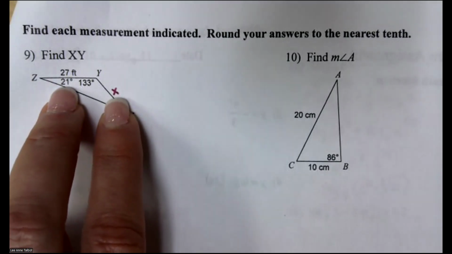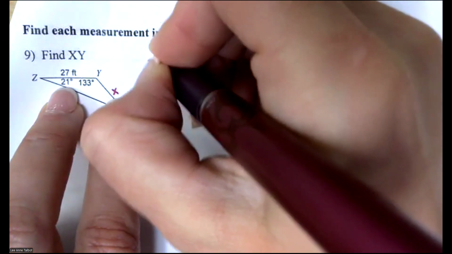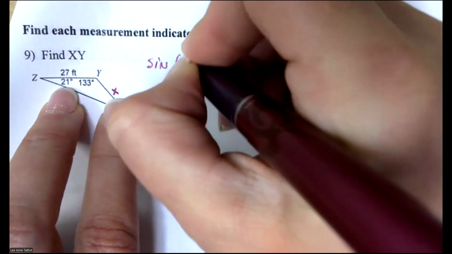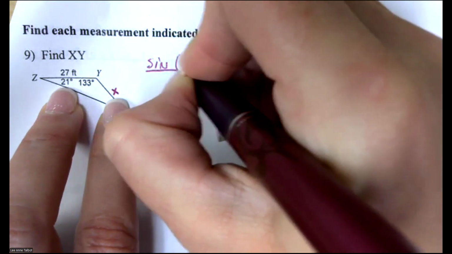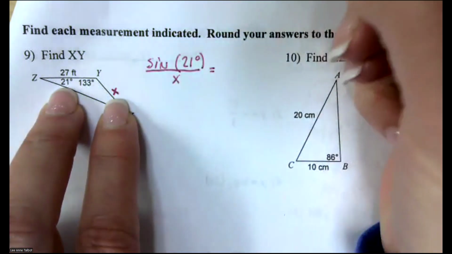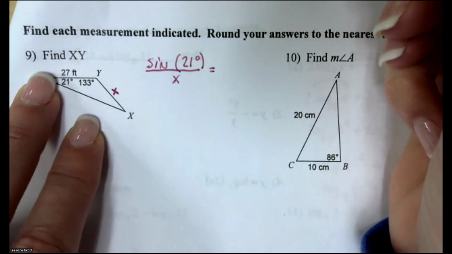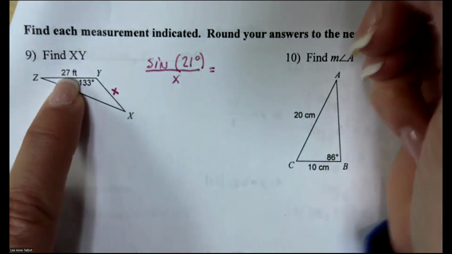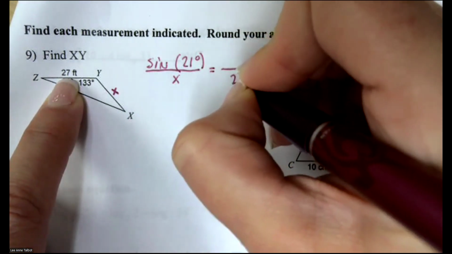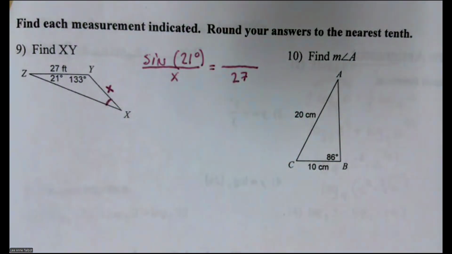These two, right? Okay, so sine 21 degrees over x equals, okay, and we have the 27. We need that for the other side, but the angle across is this one. So I'm going to have to do some maths.